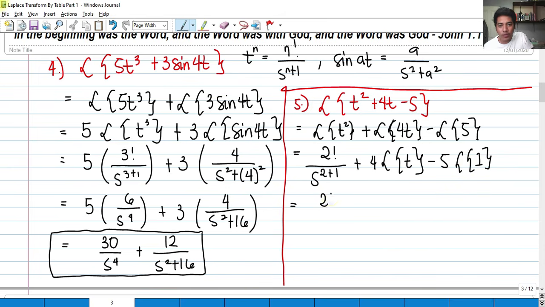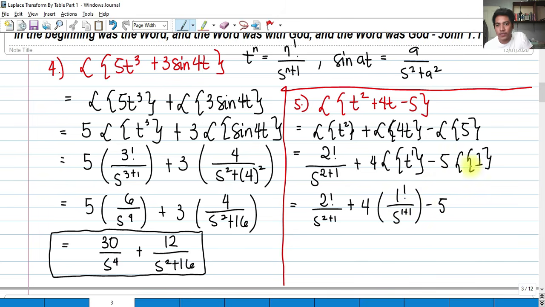So we have 2 factorial. Let's not evaluate that first. The Laplace transform of t is actually what? We have plus 4, and t is raised to 1, so our value of n is 1. So we have 1 factorial over s raised to 1 plus 1, n plus 1.